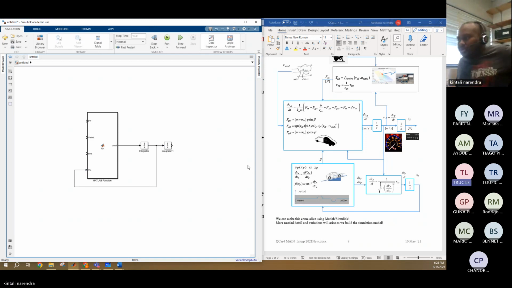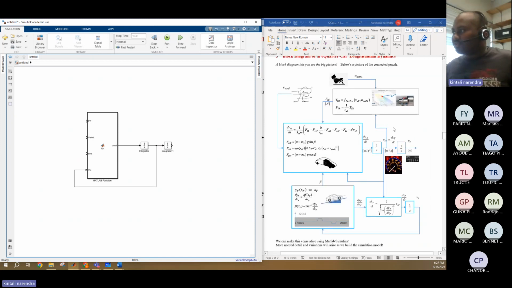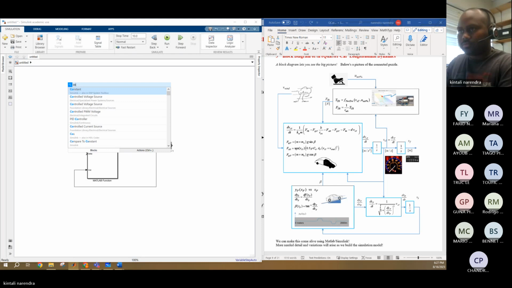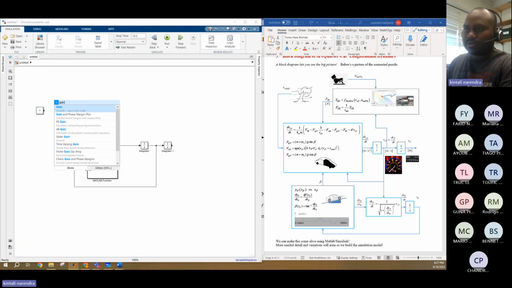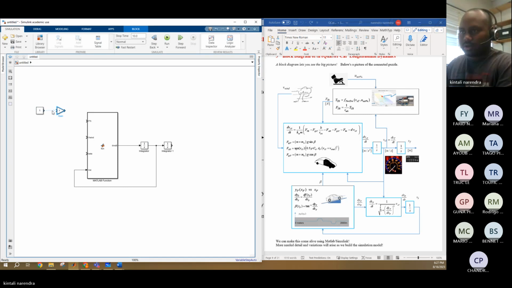You have two integrators. And FTR is the tractive force, which you need to provide. So get a constant, and get a gain block and attach it to the tractive force.